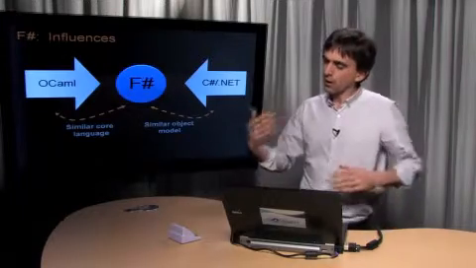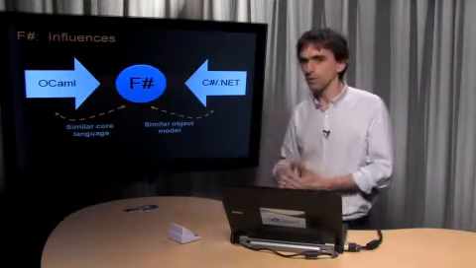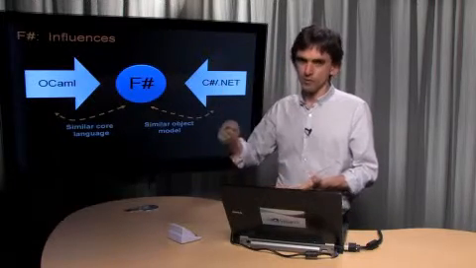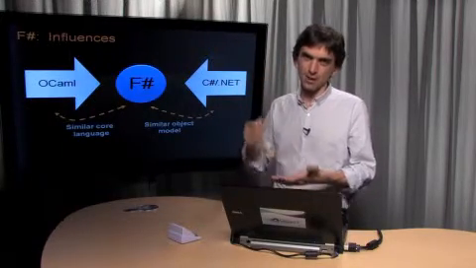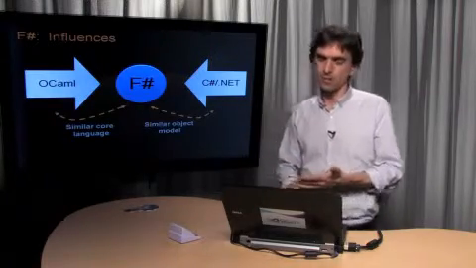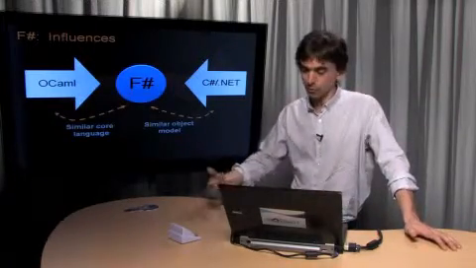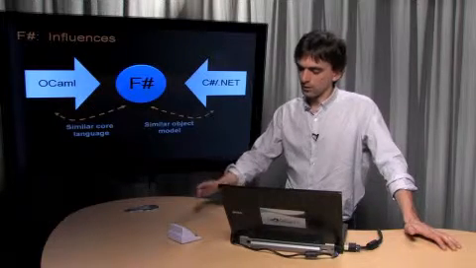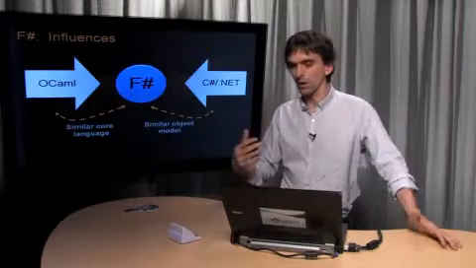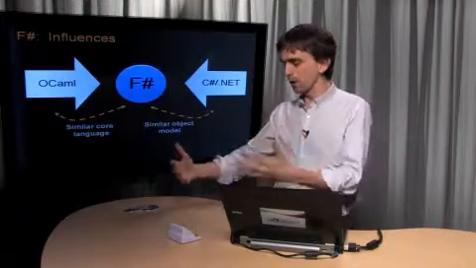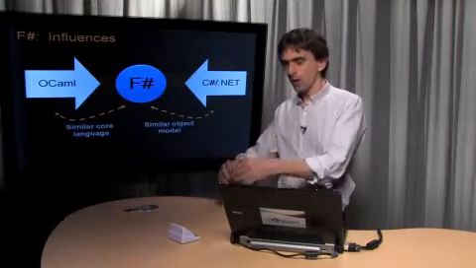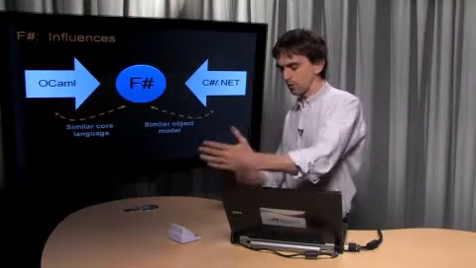And Anders Hejlsberg captures this very nicely. Static typing is not just about hitting yourself with a stick over the back to make yourself feel the pain if you do something wrong, or feel the pain of putting lots of type annotations on your code, which you don't really have to do in F# anyway. But static typing is really very much about the development experience as well. Static typing means there is a sensible analysis built into the language that can be performed over your code, which gives you lots of information about your program.